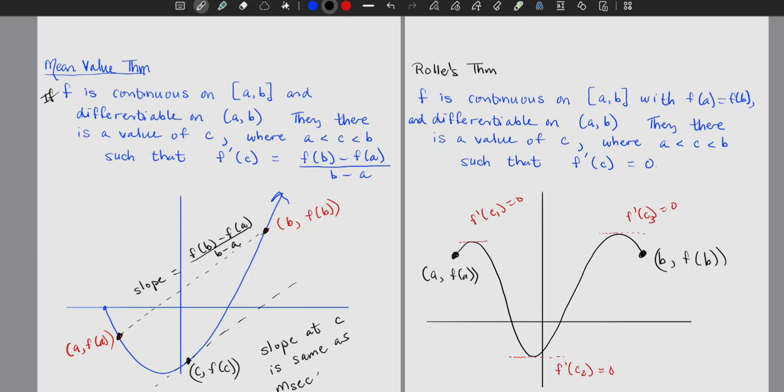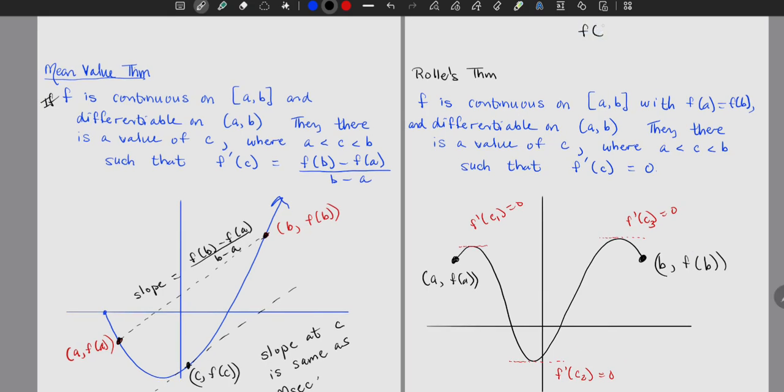Rolle's theorem is a special case of the mean value theorem because there's an added condition: f of a is equal to f of b. So they're straight across from each other. As you can see in the picture, if you think about the quantity f of b minus f of a over b minus a, just like in the mean value theorem, well, if f of b and f of a are equal, then the numerator is 0.